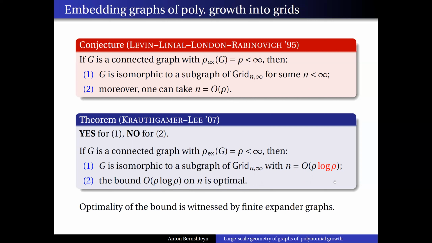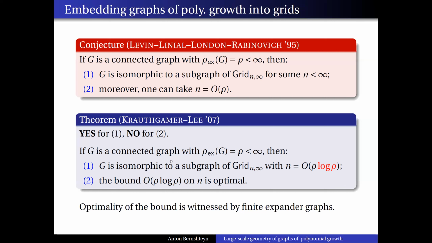Okay, so let me say a few words about this and where we want to go from here. How is it proved that the bound is optimal? In some sense, the examples showing that you cannot get rid of this logarithmic factor are not 100% satisfying. They're finite graphs.